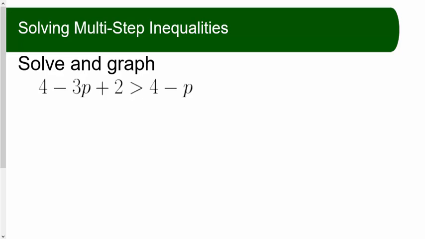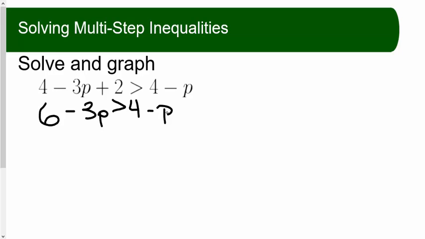Okay, first thing you want to do is simplify, if you can, either side of the inequality. So 4 minus 3p plus 2, I can rewrite that as 6 minus 3p is greater than 4 minus p. And now I want to get all my variables just on one side of the inequality.